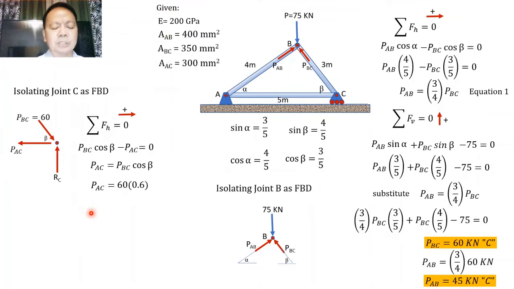Therefore P of AC is equivalent to 36 kilonewton, and because P of AC is directed away from the joint, it is subjected to tension.